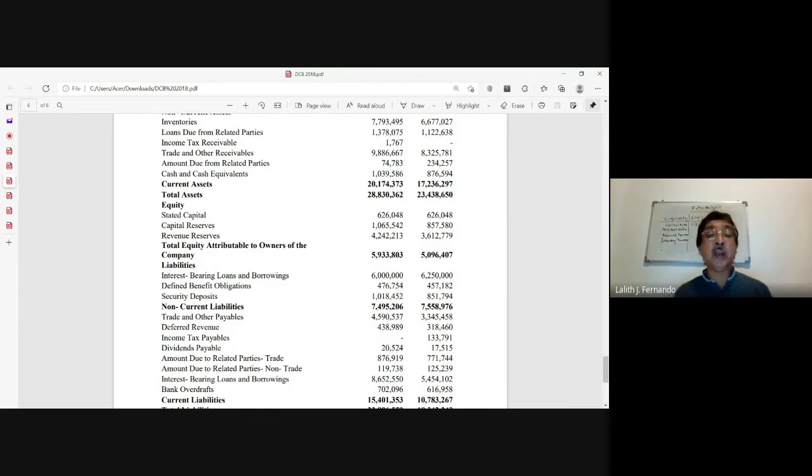Now when you go into the acid test ratio, you just take out inventories. Then 21,74,373 minus 7,793,195.